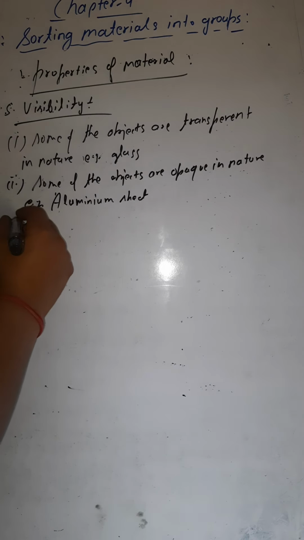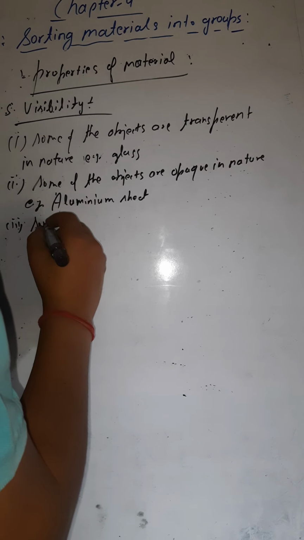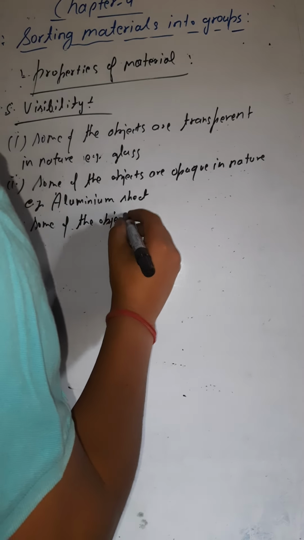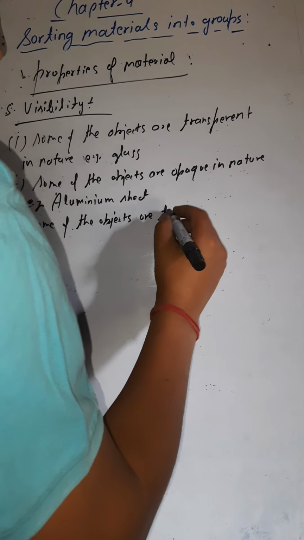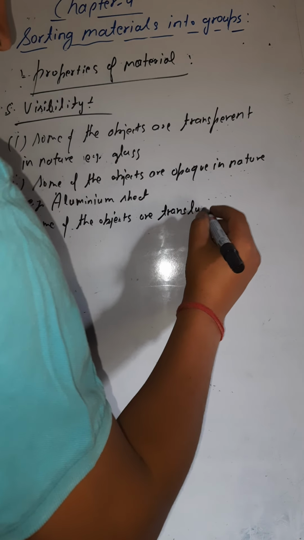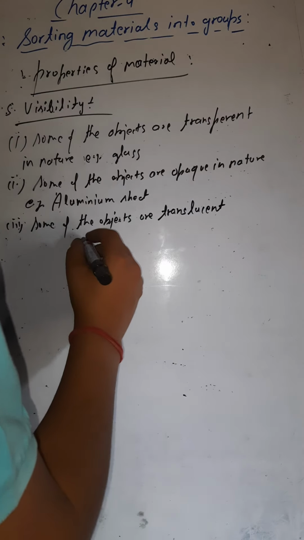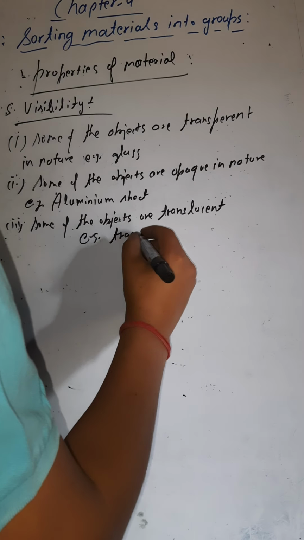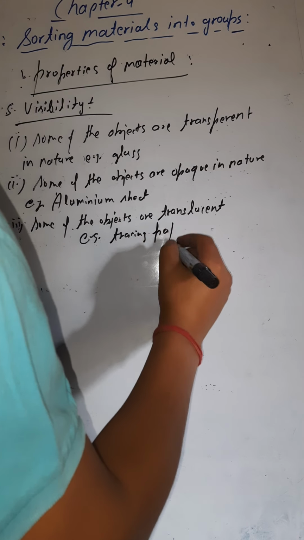Third, some of the objects are translucent. For example, tracing paper is the best example here.